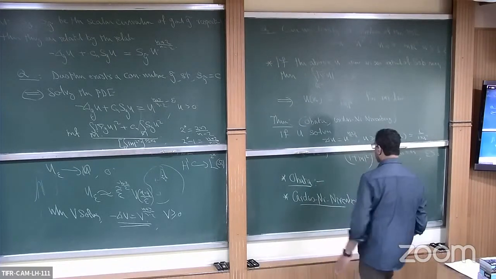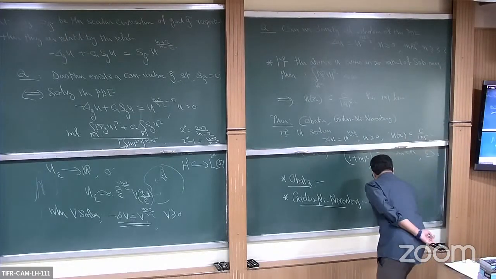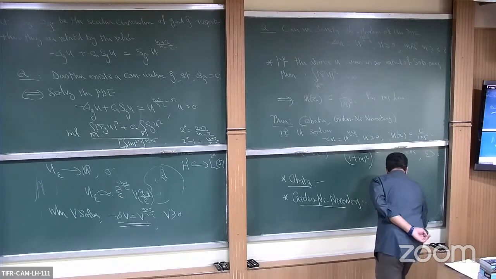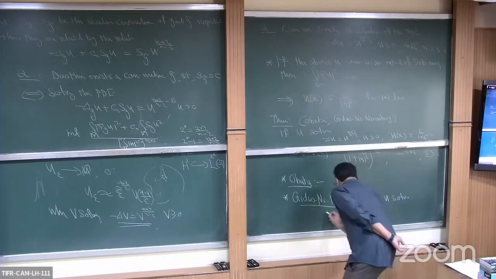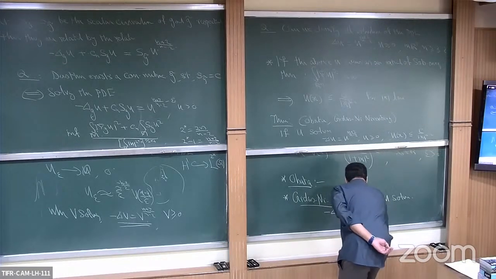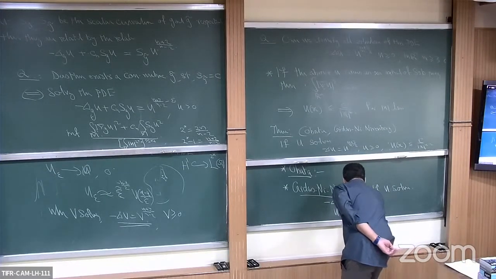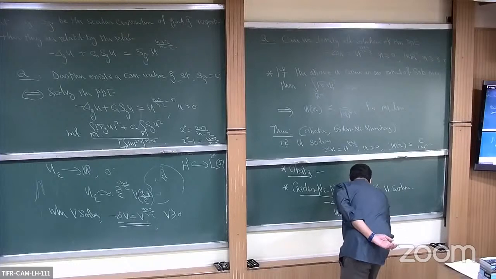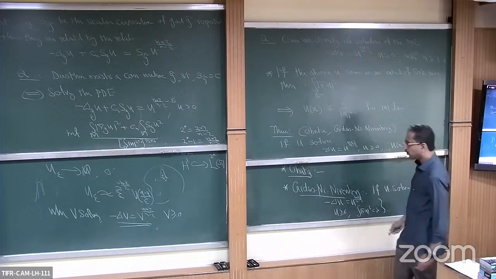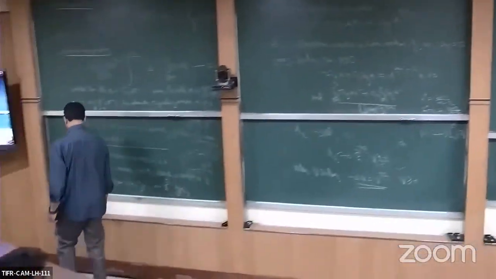What Gidas and Nirenberg showed is that if u solves minus Laplacian of u is equal to u to the power n plus 2 by n minus 2, with u greater than or equal to 0 and say decay at infinity, or you can put it as finite energy, suppose you have a solution like this. What they have shown is that then u is going to be radially symmetric.